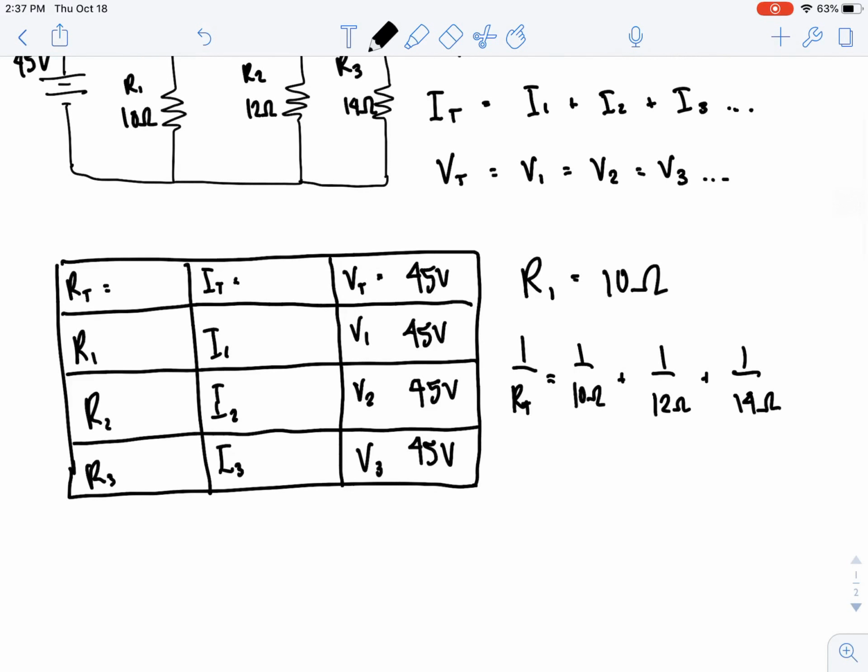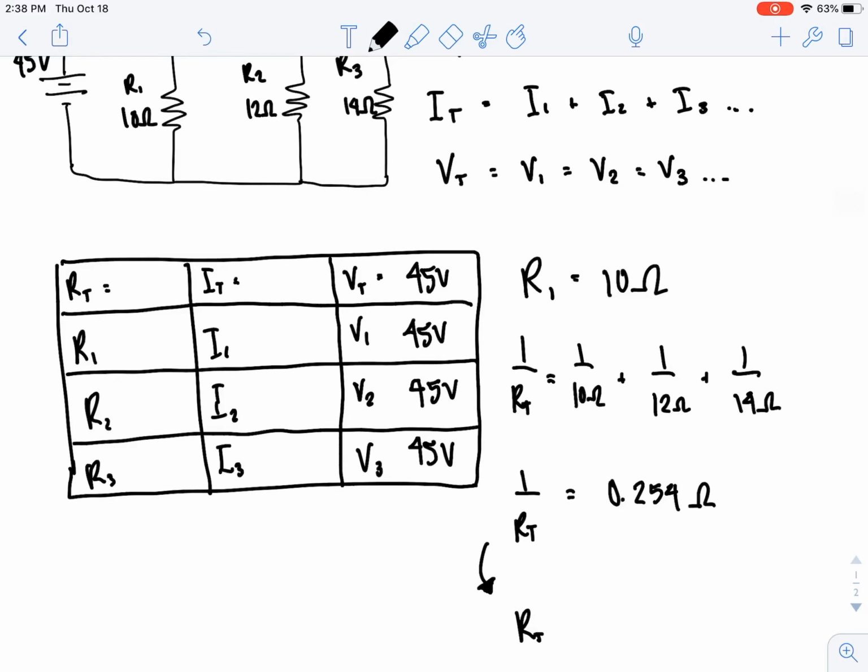And that would get me 1 over RT. But in order to flip that around, let me go ahead and calculate this. I'm not looking for 1 over RT, I'm looking for RT. So I want somehow for this to become just RT. Let me go ahead and calculate all of this, and I get 1 over RT is equal to 0.254 ohms.